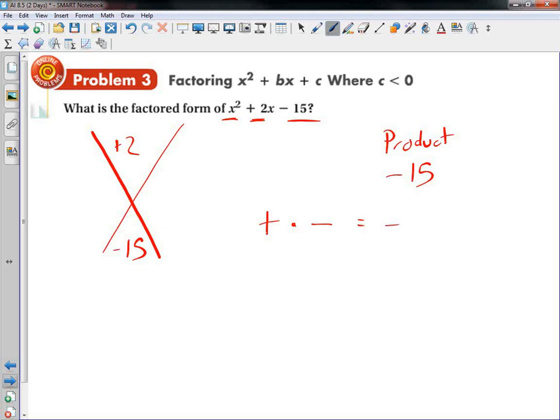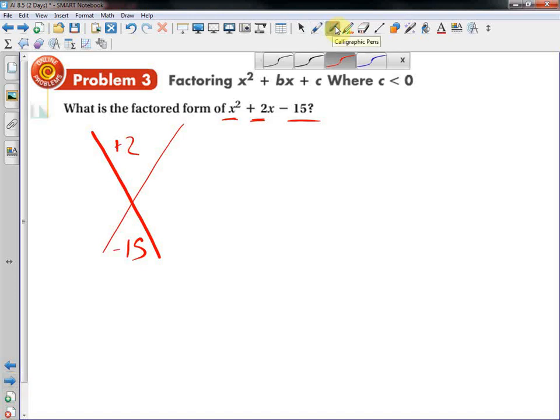The second thing we need to keep in mind is that once we get those two, the positive number needs to be 2 bigger than the negative. Okay? So let's see if we can figure those out, right? So 15 is kind of nice because it doesn't have a whole lot of factors, right?